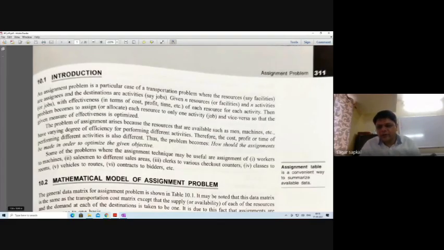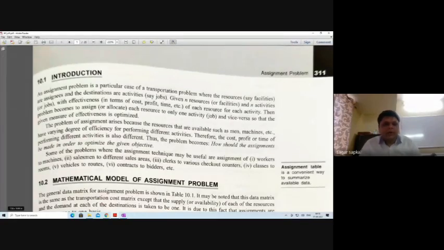Given n resources or facilities, n activities or jobs with effectiveness in terms of cost, profit, time, etc., of each resource for each activity, the problem becomes to assign each resource to only one activity or job, or vice versa, so that the given measure of effectiveness is optimized. That is called the assignment problem.